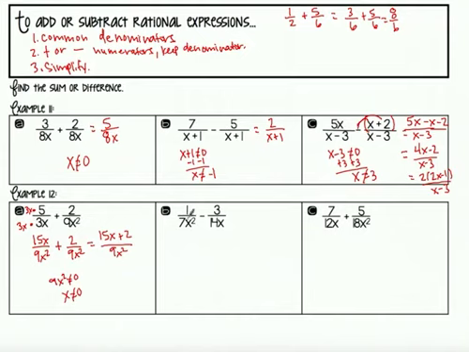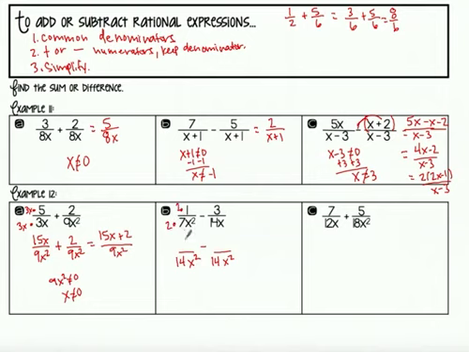On B, I've got 7x squared on the bottom of the first one and 14x on the second one. So their common denominator would be 14x squared, if my coefficients were 14 and my variables with my exponents were x to the second. So that would make them match. To make 7x squared into 14x squared, I would need to multiply by 2.